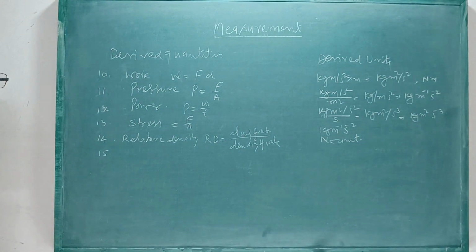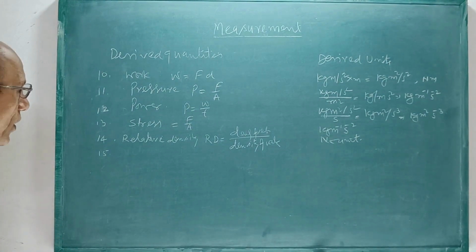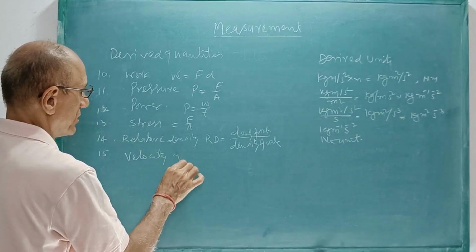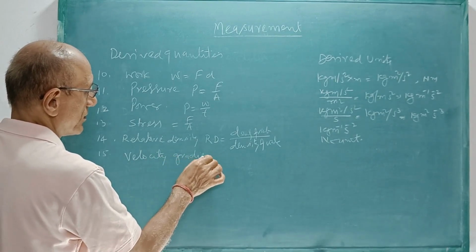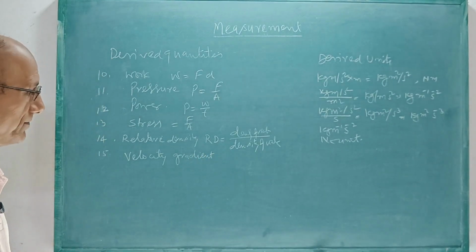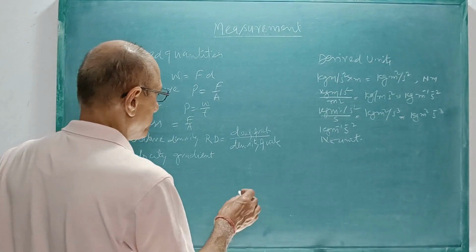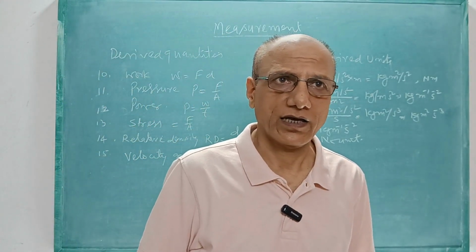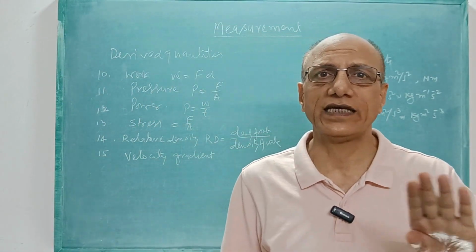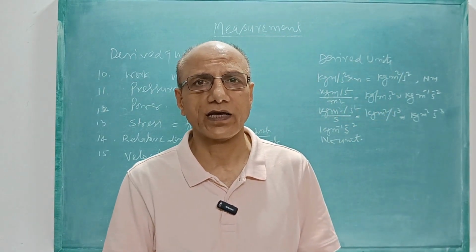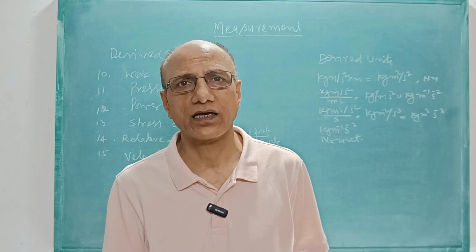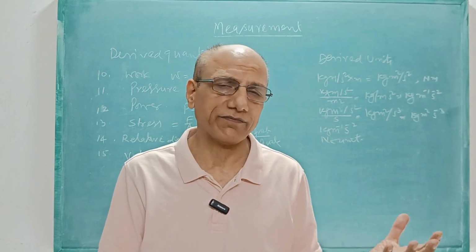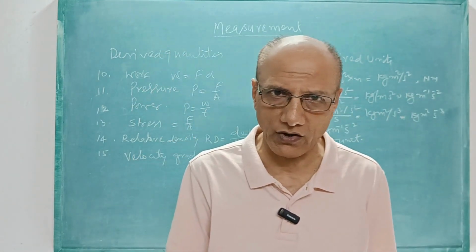15th, velocity gradient. So what is velocity gradient? Have you seen flyover or stairs in your building or in your house? Or you might have seen the stairs of your friend's house also.